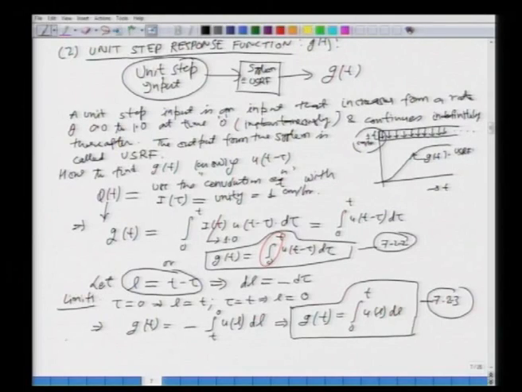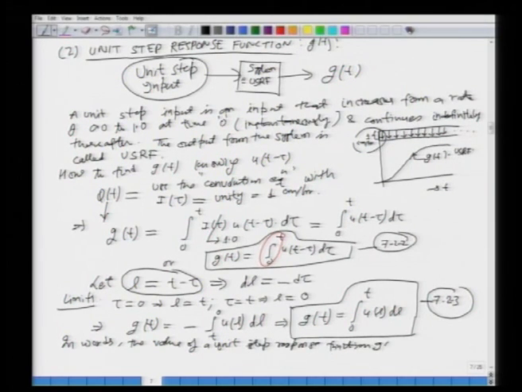So, mathematically, or in words, the value of the unit step response function G(t) at any time t equals what?